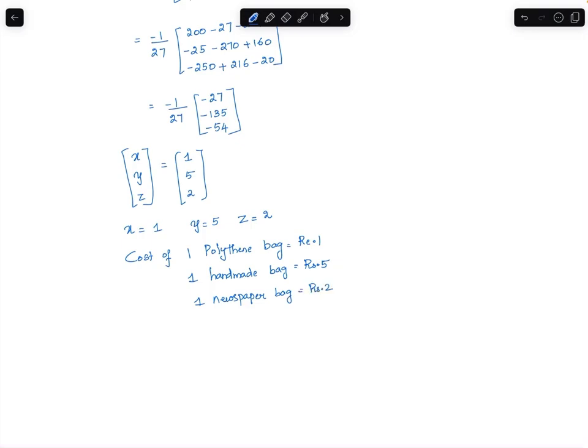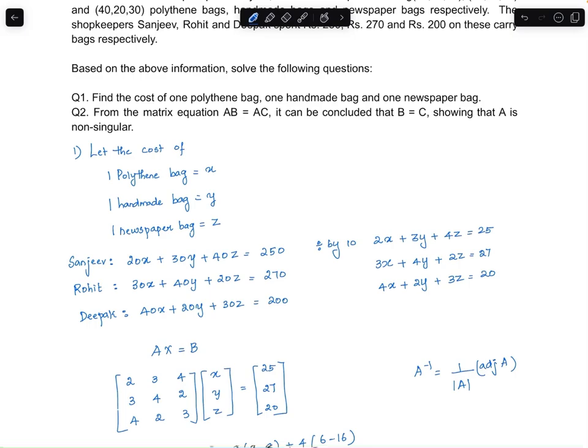rupees 2. Question 2. From the matrix equation AB is equal to AC, it can be concluded that B is equal to C, showing that A is non-singular. Given equation is AB is equal to AC.